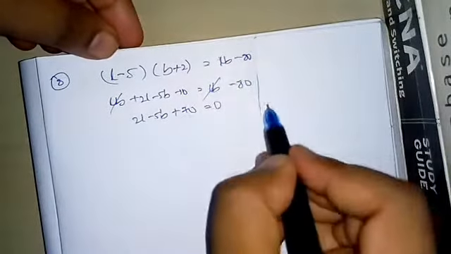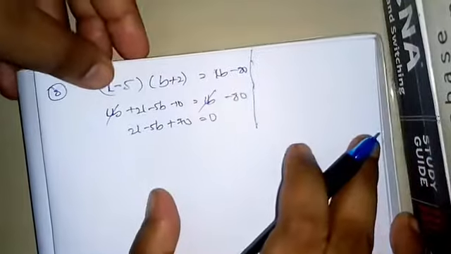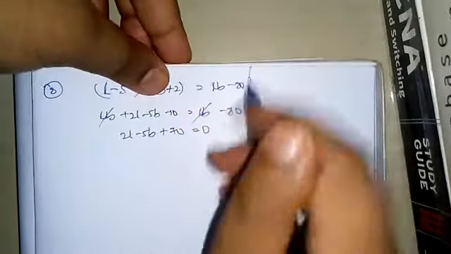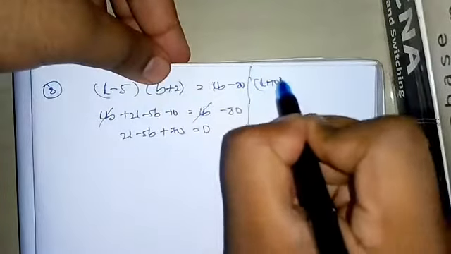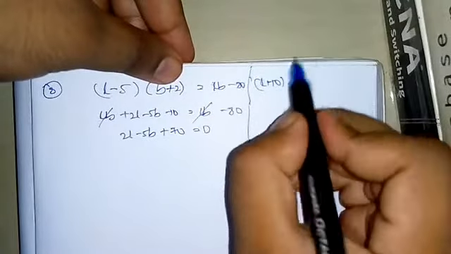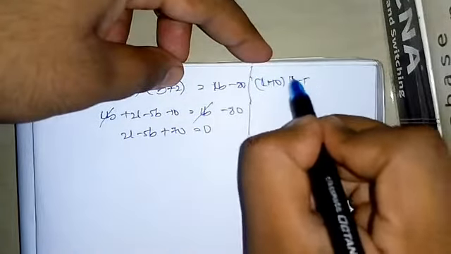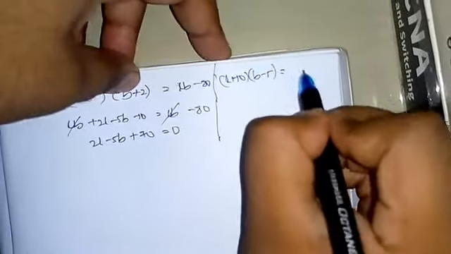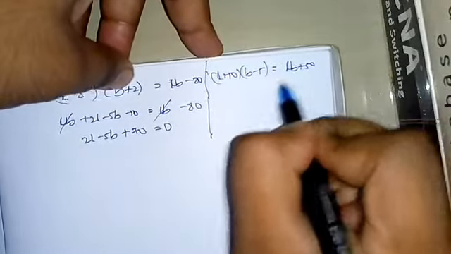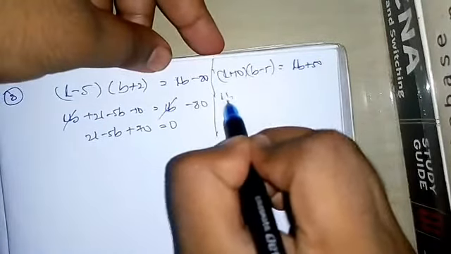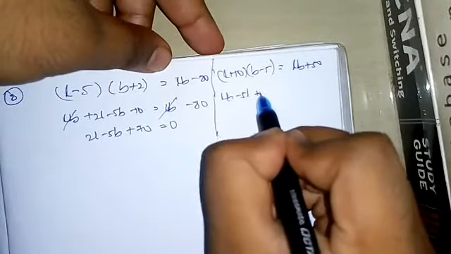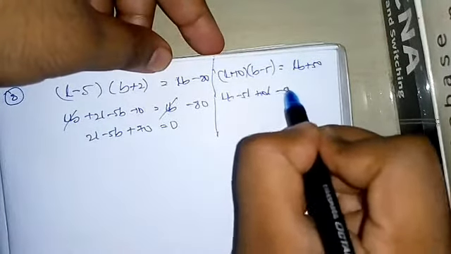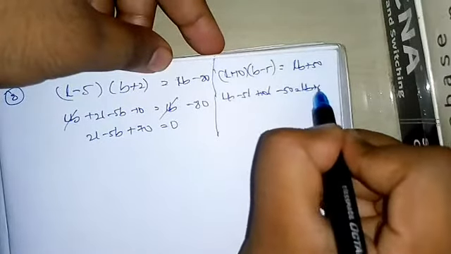For the next one, if you increase the length by 10 units, L plus 10, and decrease the breadth by 5 units, B minus 5, the area will increase by 50. So LB plus 50. If you expand this, you get LB minus 5L plus 10B minus 50 is equal to LB plus 50.